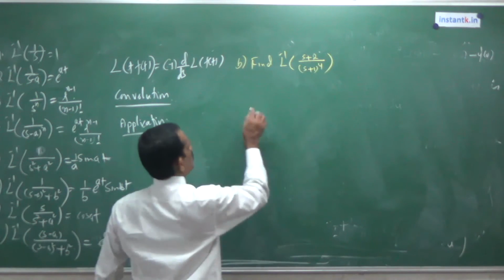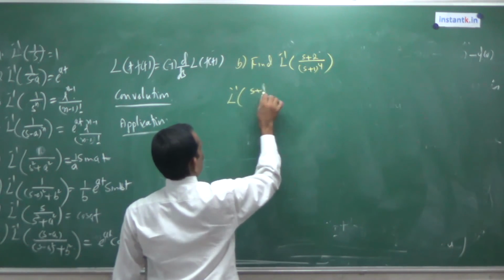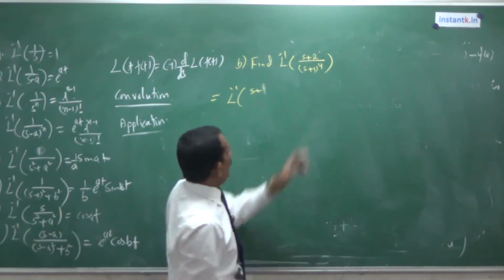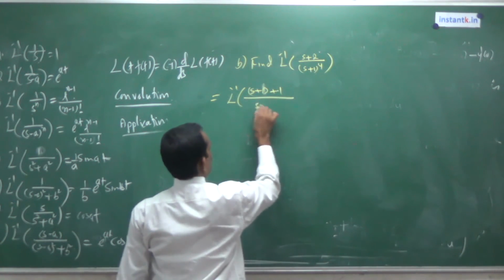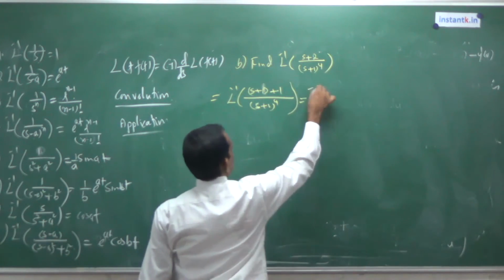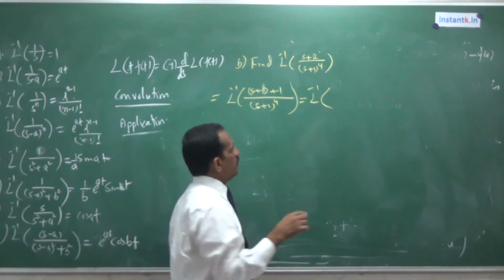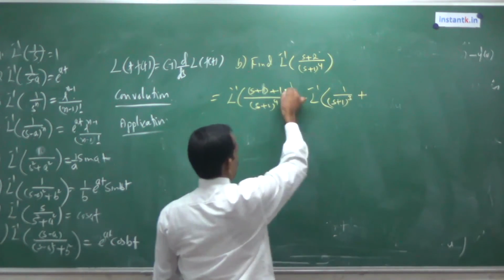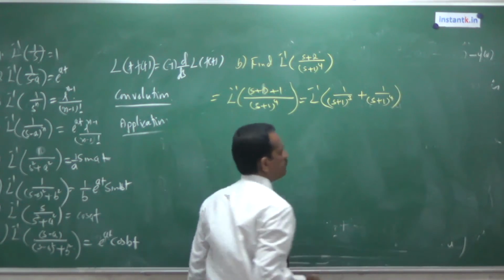So for example, the question here is L inverse of s plus 2. But that s plus 2, we can write in terms of s plus 1. How do we write it? (s plus 1) plus 1, divided by (s plus 1) to the power 4. Now we split it. That is (s plus 1) divided by (s plus 1) to the power 4, plus 1 over (s plus 1) to the power 4. How much do you get? 1 over (s plus 1) whole cube plus 1 over (s plus 1) to the power 4 again.